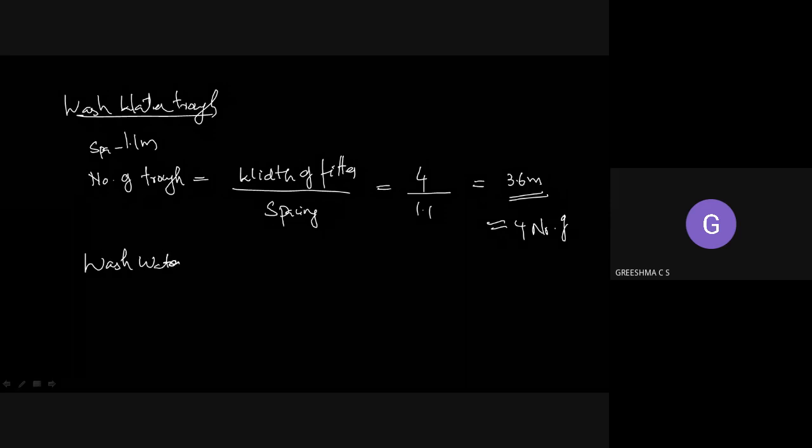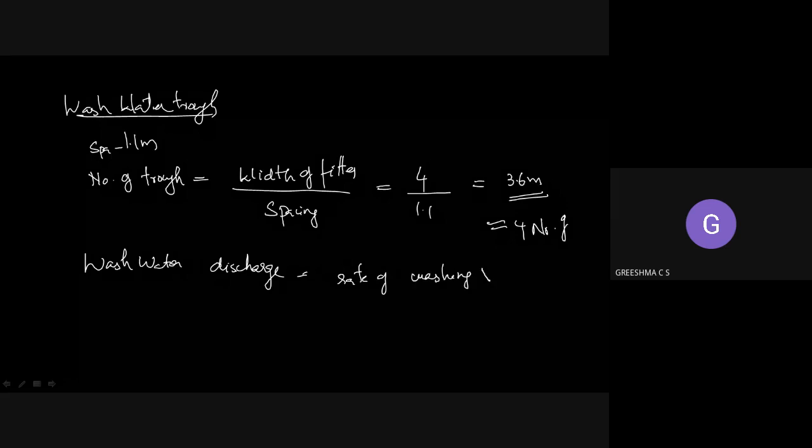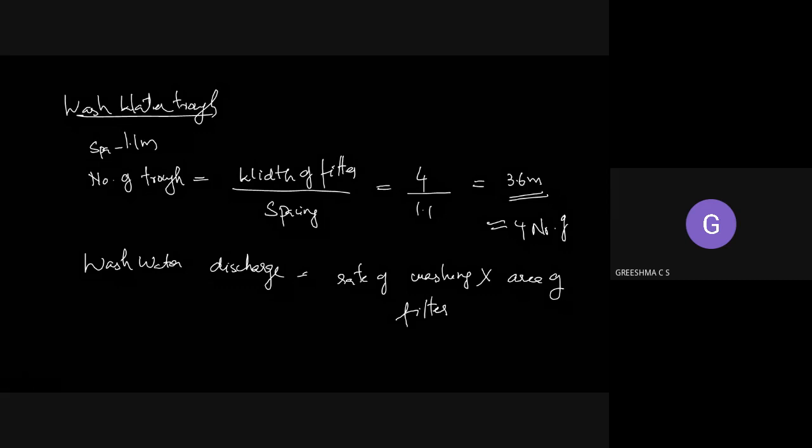So wash water discharge, അതായത് എത്രത്തോളം വെള്ളമാണ് അവിടെ വരുന്നത് എന്നുള്ളത്. So wash water discharge is equal to rate of washing into area of filter. So how much are you getting? So rate of washing, you don't know rate of washing.